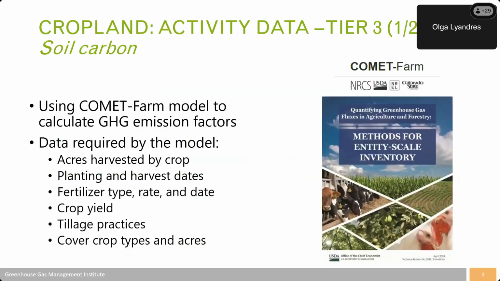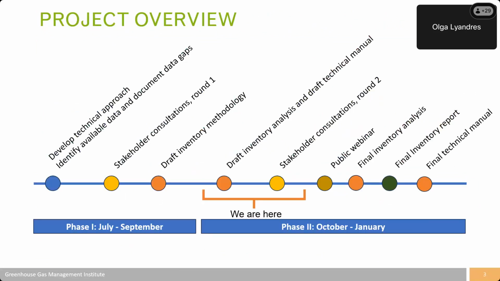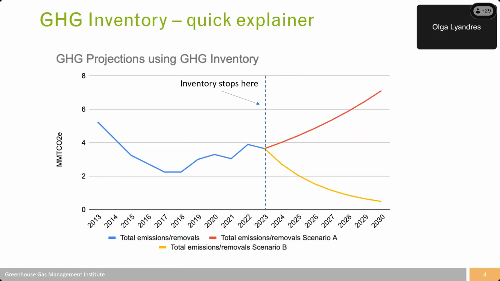So I think this slide should look familiar. Oh, yeah, there we go. We may have used it in the past to explain what the inventory is and what it isn't, and where the scope of this work ends and others start.